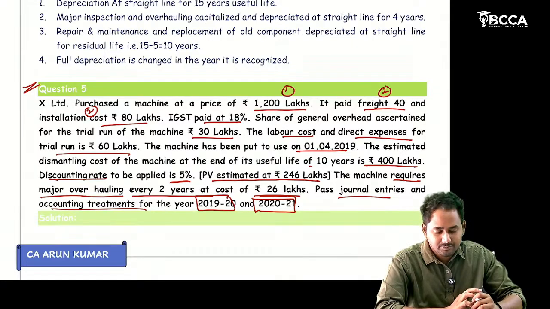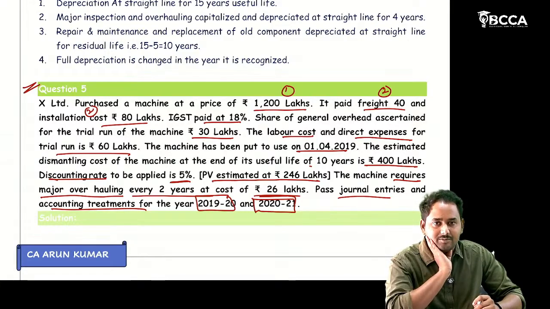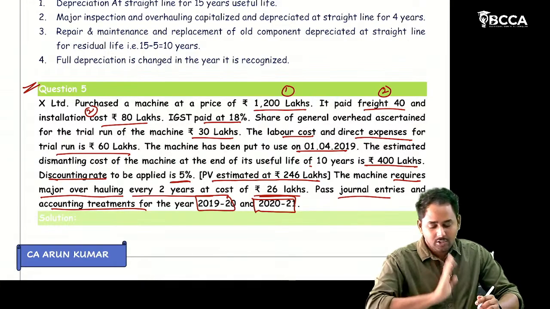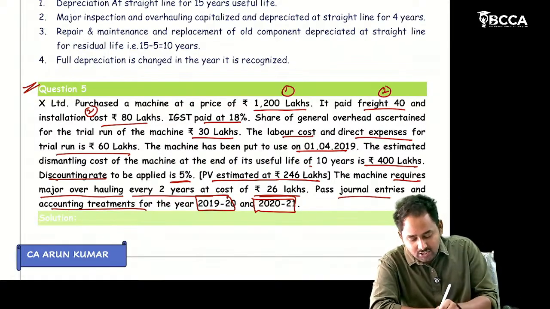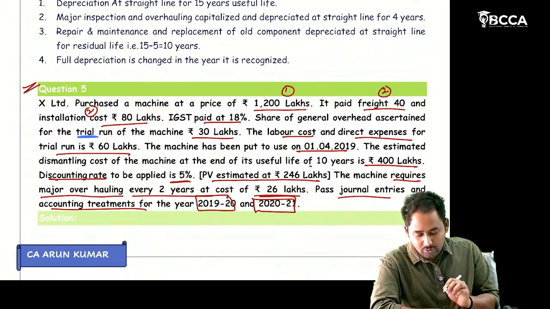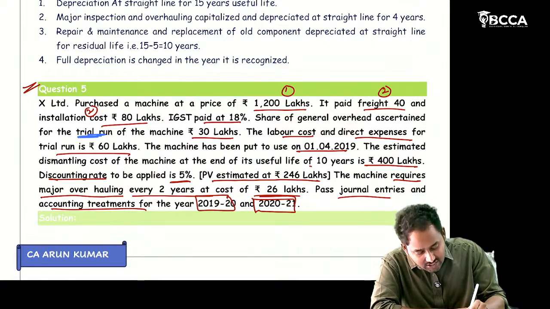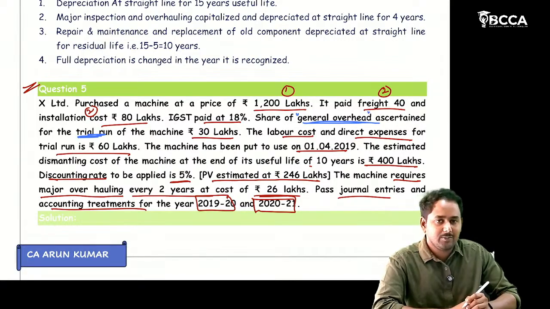Tell me, Purna. Exactly. So you are not focusing on the words just a trial run. Trial run expenses are incurred. What kind of expenses? It's a share of general overhead. So overhead means it's an indirect expense.